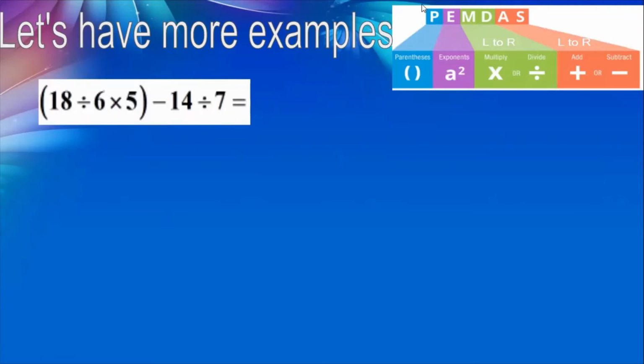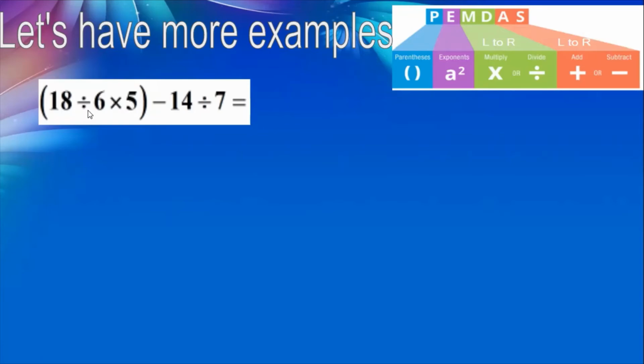But PEMDAS tells us that we need to do the operations on the left before we go to the right. So left to right. As we can see here, the operation on the left is division. So we have 18 divided by 6.